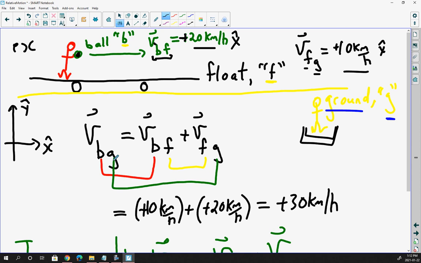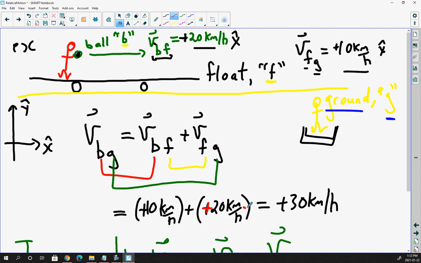So how do we write that out? Well, we write it out like this. The velocity of the ball with respect to the ground is equal to the velocity of the ball with respect to the float plus the velocity of the float with respect to the ground. Ball with respect to the float, how much is that right here?